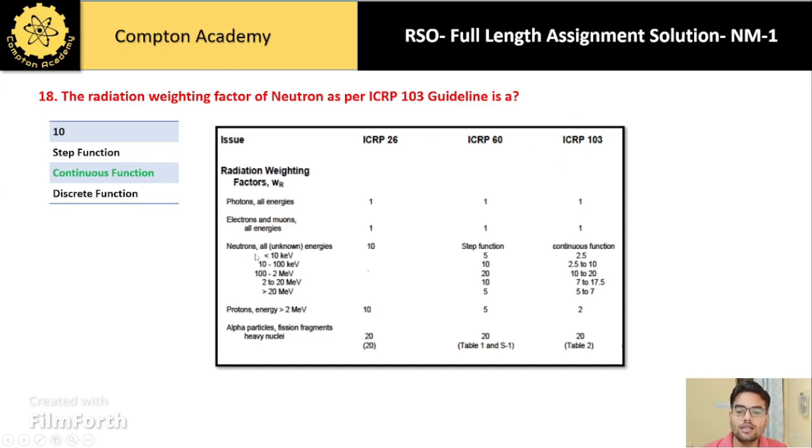The neutron radiation weighting factor has changed: in ICRP 26 it was not energy dependent and was considered as 10, in ICRP 60 it was a step function, and in ICRP 103 it becomes a continuous function. Up to 2 MeV it increases, and after that it decreases.